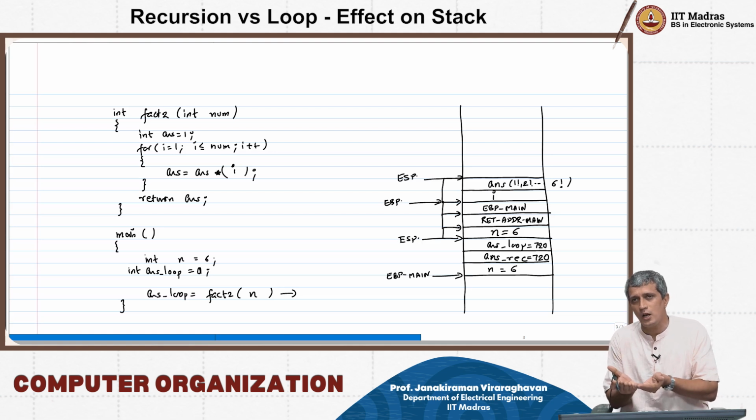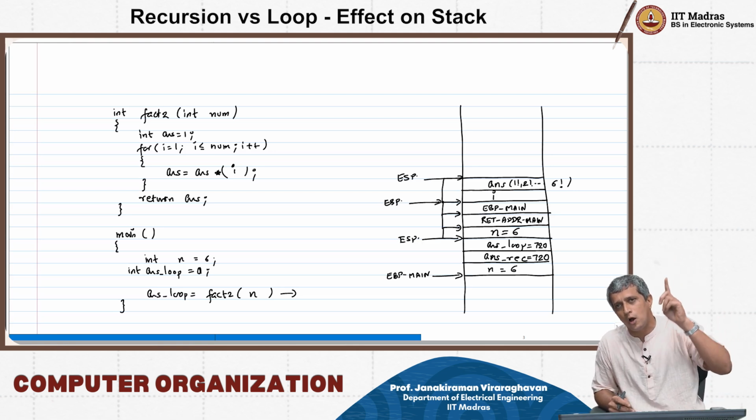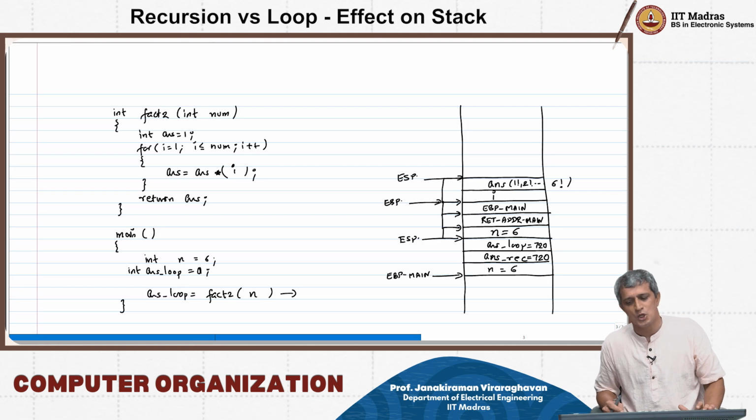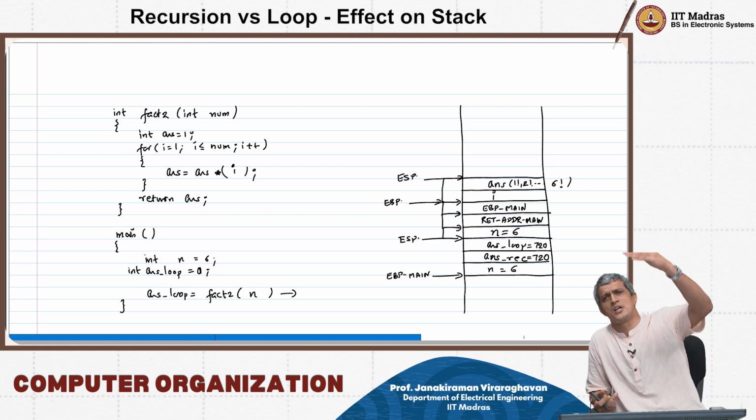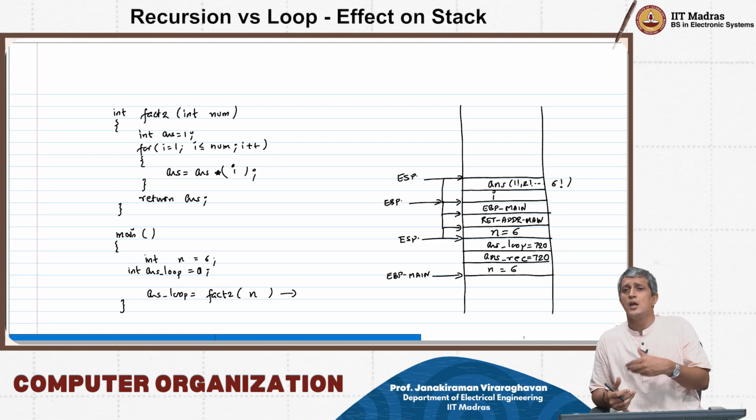However, in recursion, in order to do that n-1 and multiplication, we are having to do all the prologue, epilogue, stack setup. So that's why that stack grows significantly. So remember that the moment you start accessing the memory, in terms of accessing the stack in terms of memory, your execution time will also start going up.